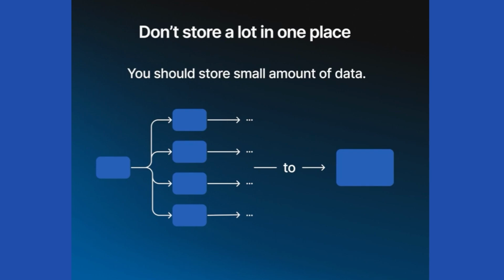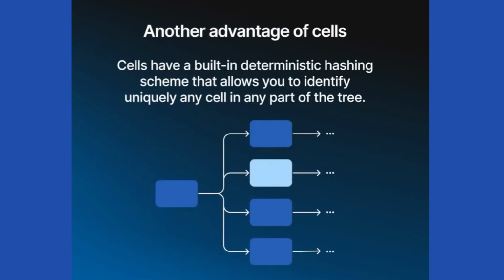Finally, cells have a built-in deterministic hashing scheme that allows you to identify uniquely any cell in any part of the tree, and this is used both for data deduplication and compression. So for instance, when the contract runs out of money to pay for the rent, its current state is offloaded from the blockchain.